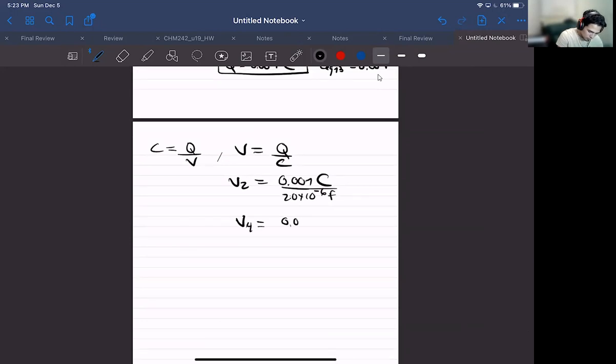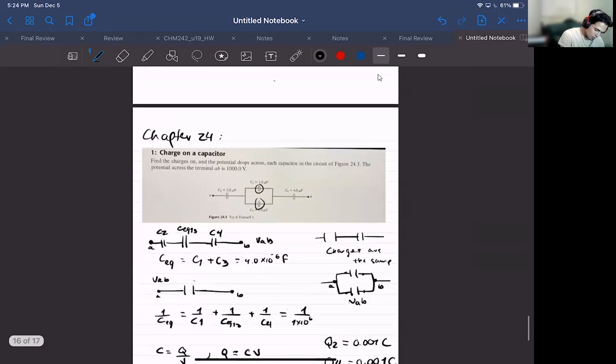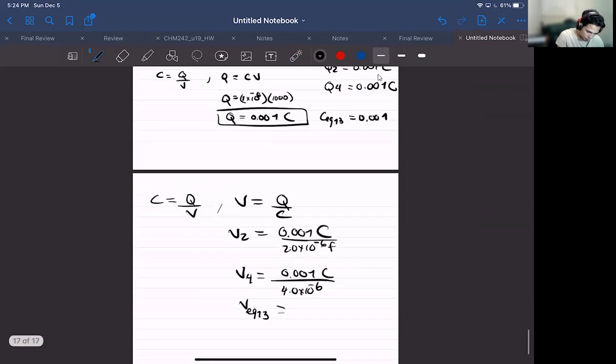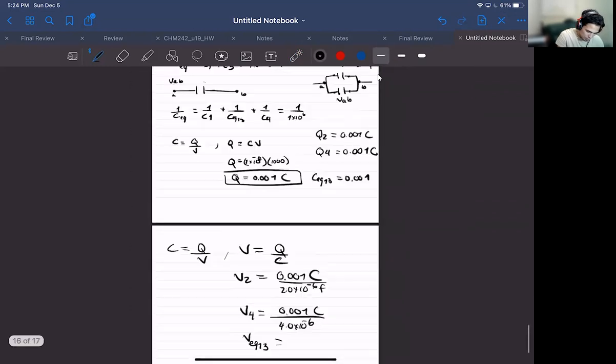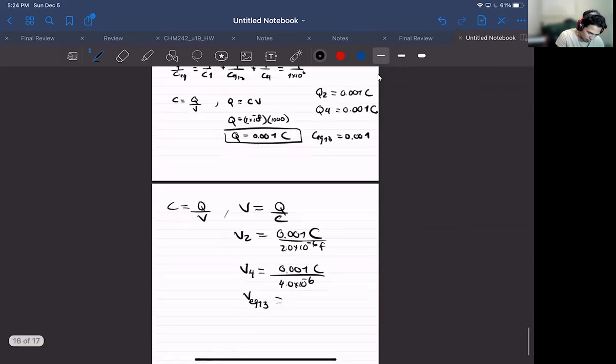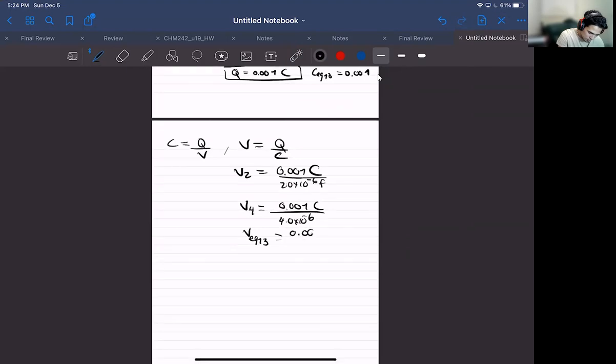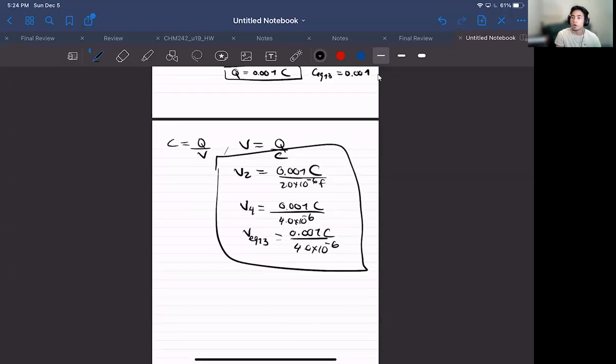And then for V4, it would be the same charge in coulombs divided by, in this case, 4 times 10 to the negative 6. And then for the voltage across the equivalent of 1 and 3, which is this one right here, still as an equivalent, knowing that the capacitance across that is 4.0 times 10 to the negative 6, we get the different voltages across.